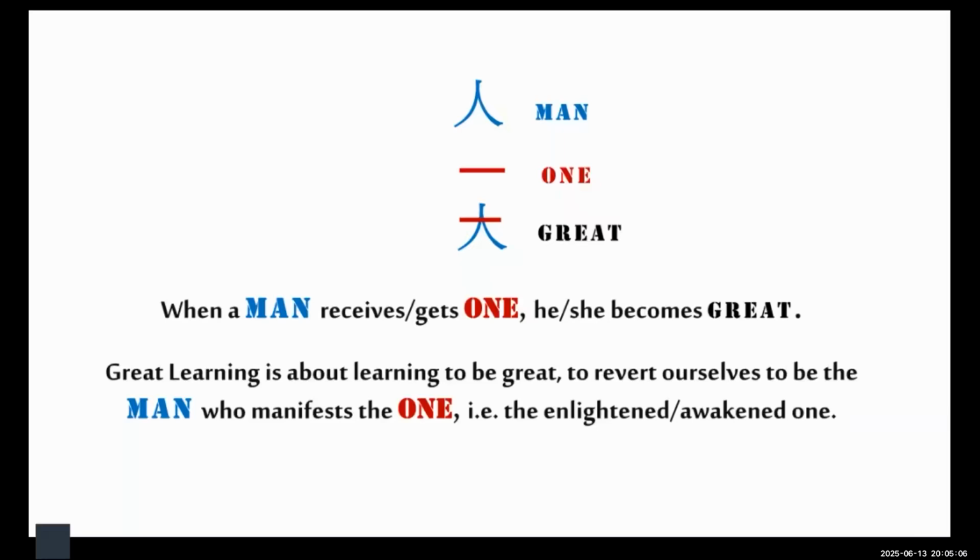It can also mean great. It can also mean something very significant, something of prominence. So it means when a person gets 1, he or she becomes great. We know that this one is the same as our true nature or our Buddha nature, and as the 6th Patriarch said in the Platform Sutra, our Buddha nature is infinite.